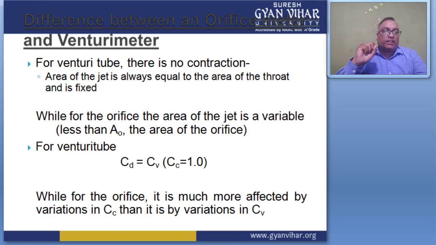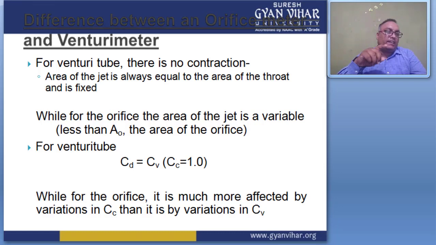And for the venturi meter, CD equals CV, where CV is the coefficient of velocity, CC is the coefficient of contraction, and CD is the coefficient of discharge, right? So for the venturi meter, CD equals CV, and CC is equal to 1, or 0.98 or 0.99.